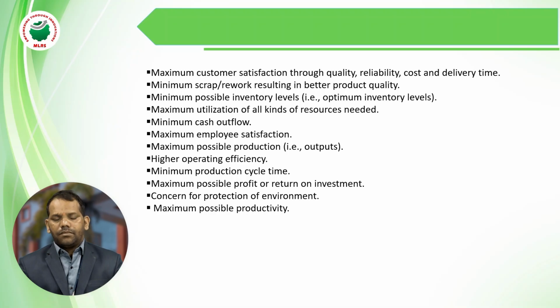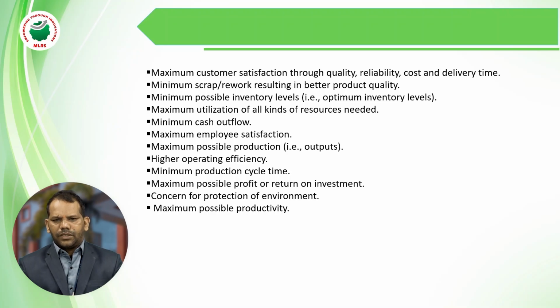Maximum possible production. When we are planning the production activity, we get the desirable output from the quality of input factors of production. Then maximum possible profit or return on investment. How much expenditure is going to be incurred, we add some return.